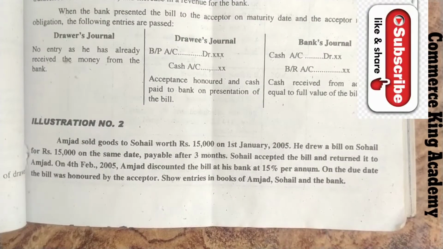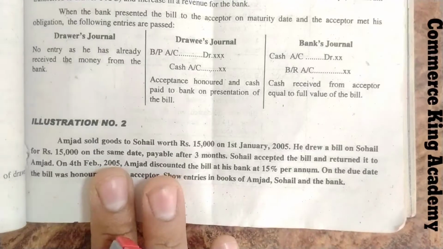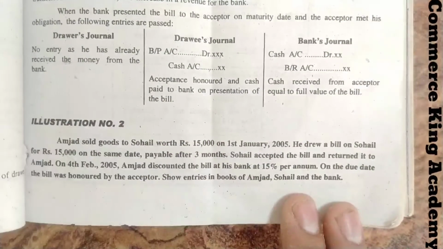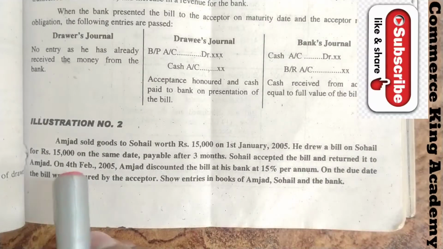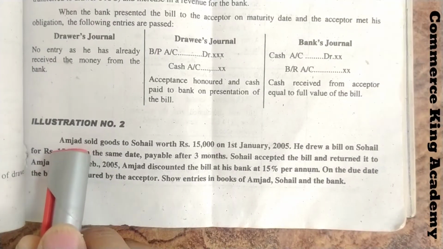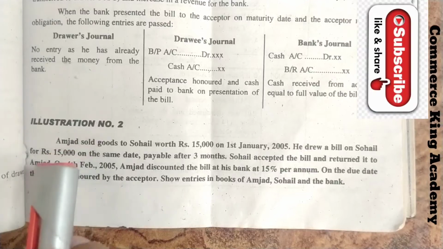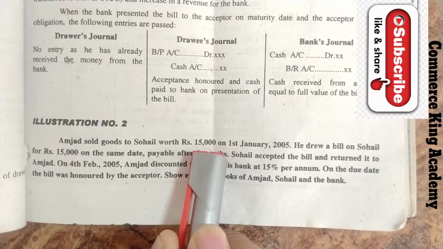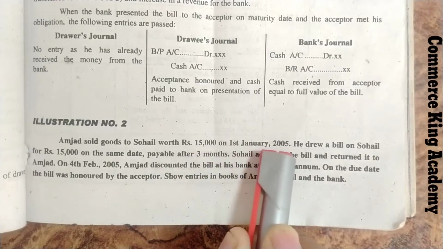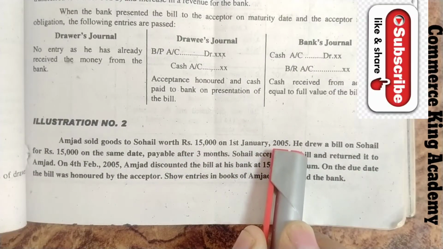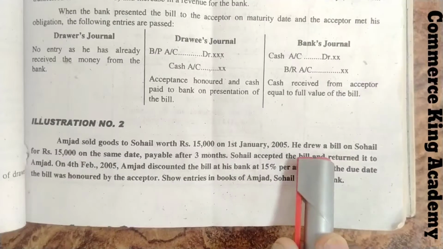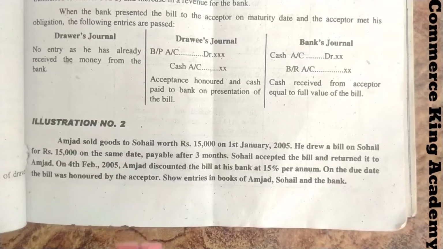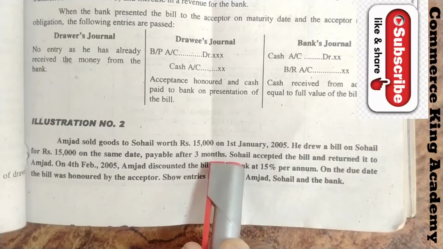So you understand, before solving this illustration, a short summary of the question I discuss. Amjad is a person who is a manufacturer and seller, who sold goods to Sohail on credit basis amounting to 15,000 on 1st January 2005, and Mr. Amjad drew a bill on Sohail for the same amount on the date, payable after 3 months.